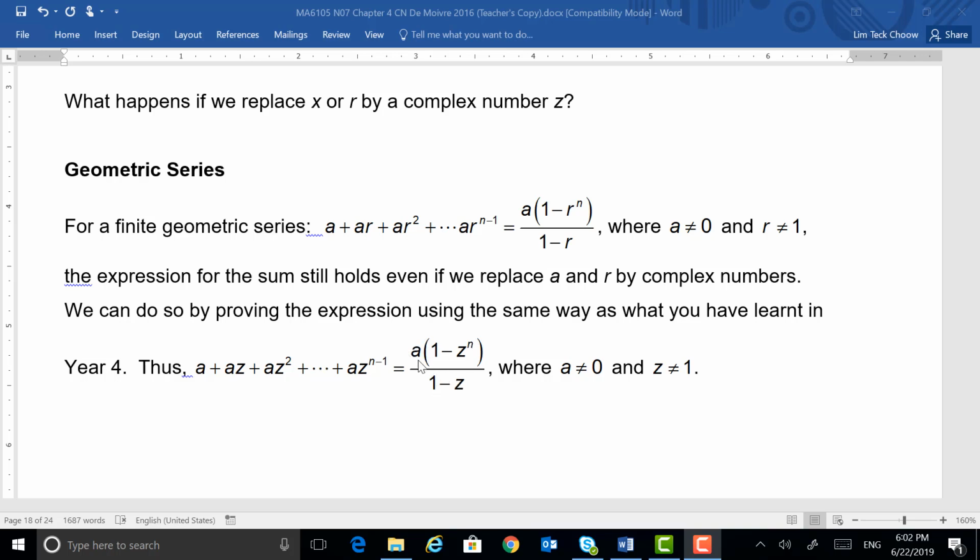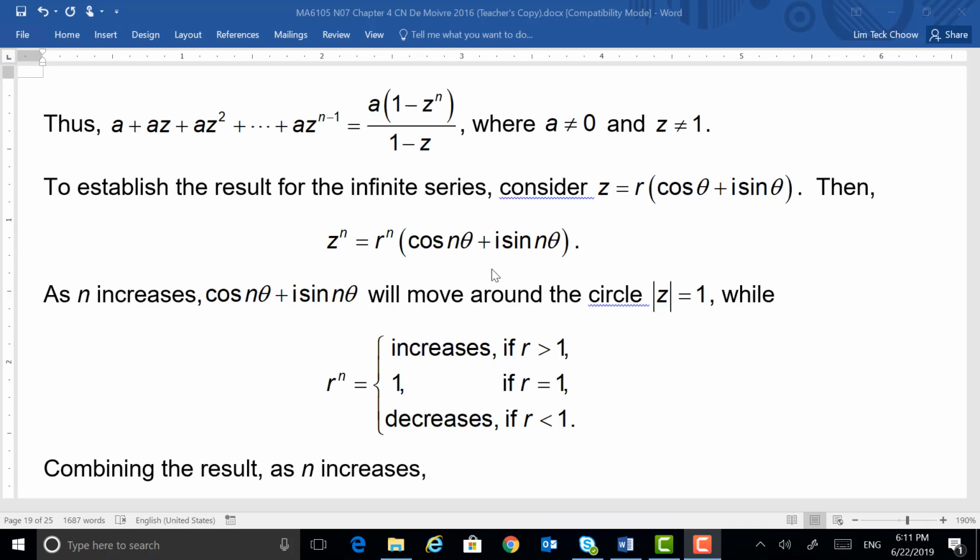Of course, the a is here. So if you were to look at this finite series using the same method you have learned previously for the real number case, you find that even when these are complex numbers, the same formula is easily derived when the series is finite.